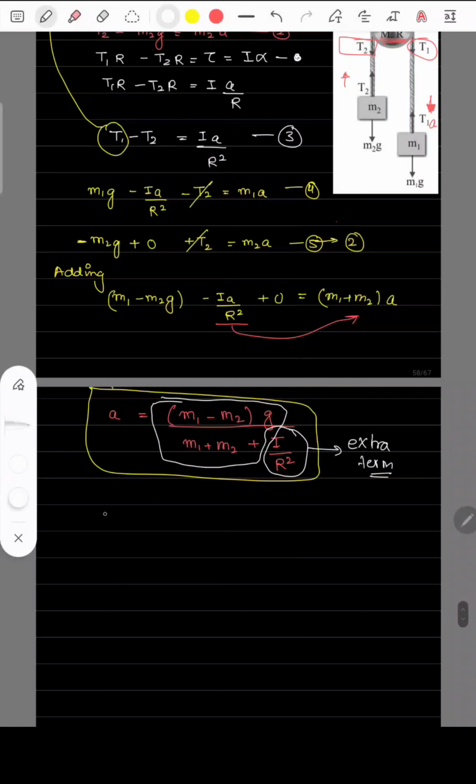Hence, in short, we can define acceleration as unbalanced force upon translational mass plus rotational mass.